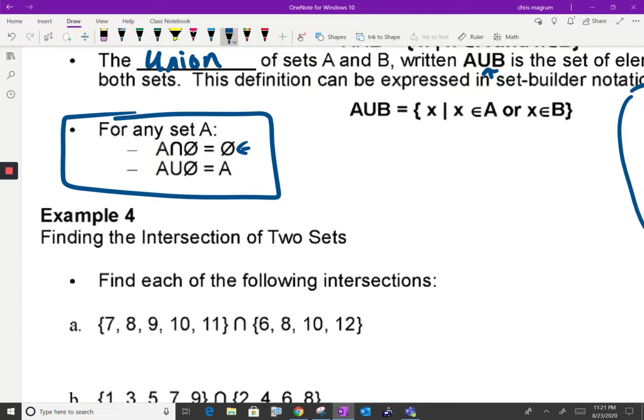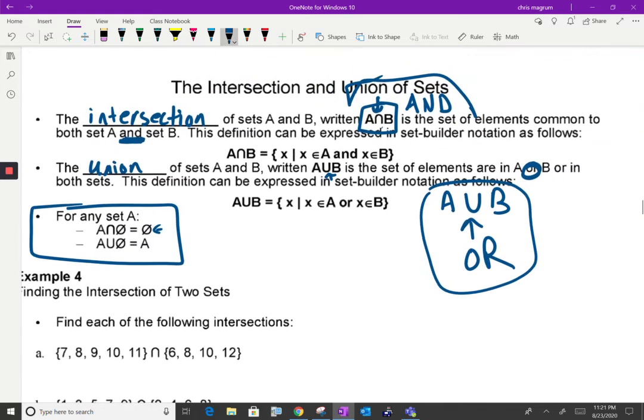And then if you're combining things, okay, so I want to add those words in back up here too. With and, you're looking for what they have in common. Okay? So I'm just going to write in common. With or, it's what you get when you combine things. So combine. Okay?